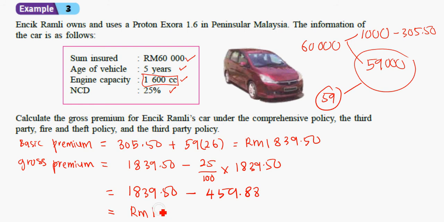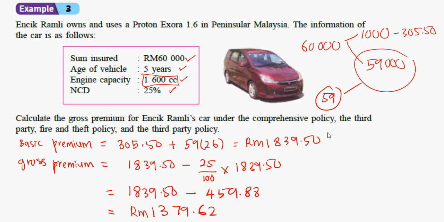equals 1,379 ringgit 62 cent. So for the basic premium for comprehensive policy, you refer to the table for the first 1,000 ringgit, and then for every 1,000 ringgit after that, you must add 26 ringgit.